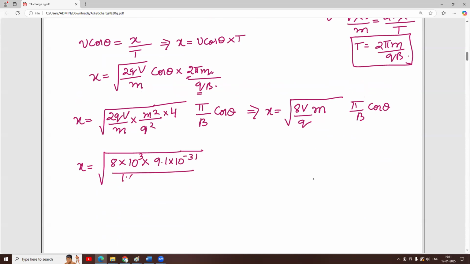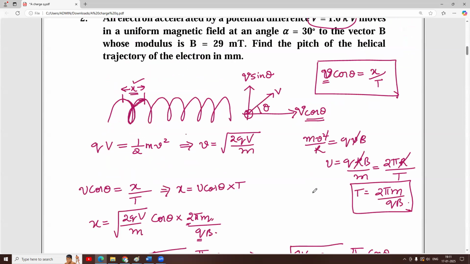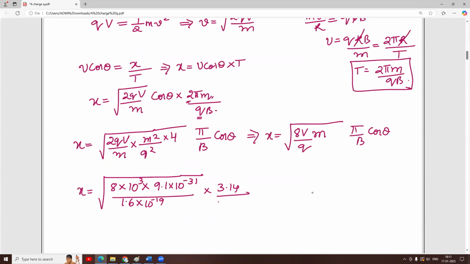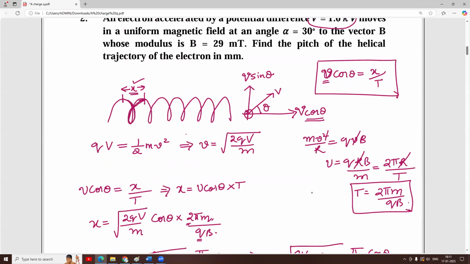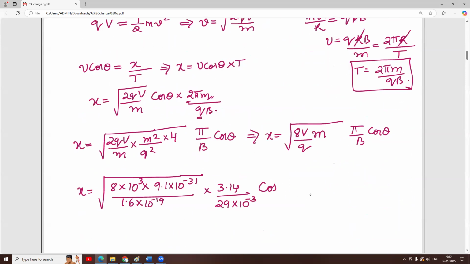Charge of the electron is 1.6 into 10 to the power minus 19. Pi is 3.14 divided by the magnetic field, which is 29 millitesla, cos theta, cos of 30 degrees. So cos 30 degrees is root 3 by 2.